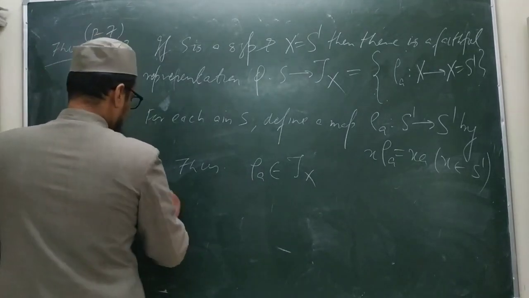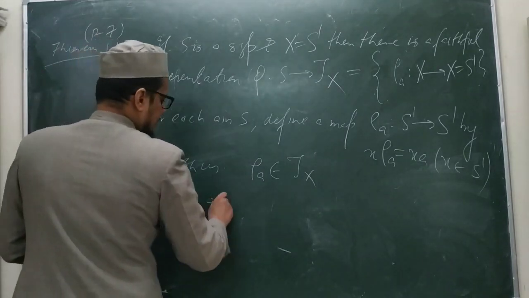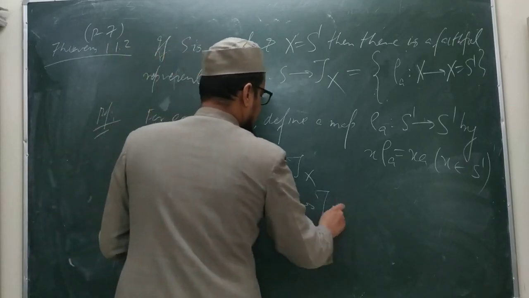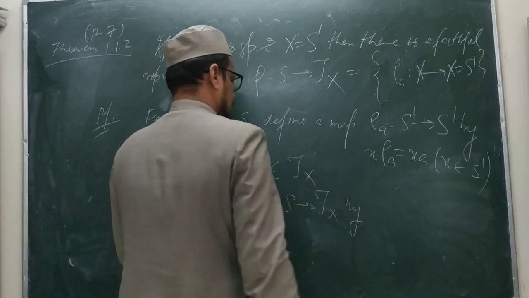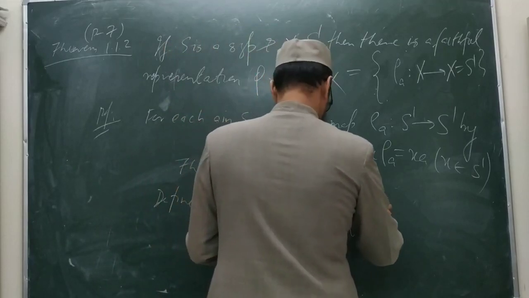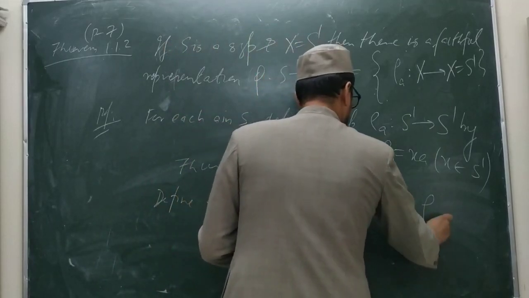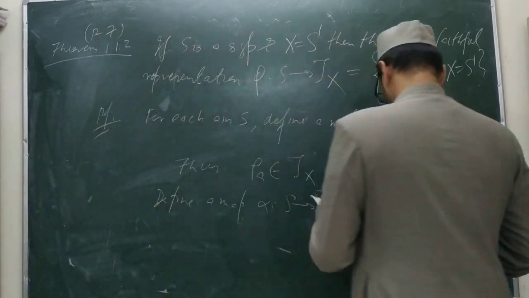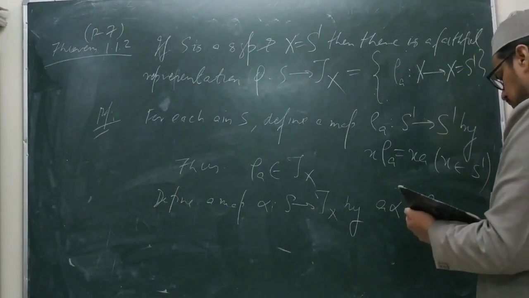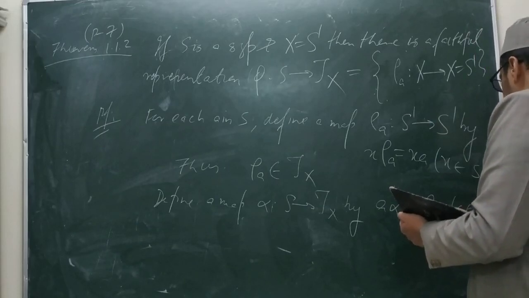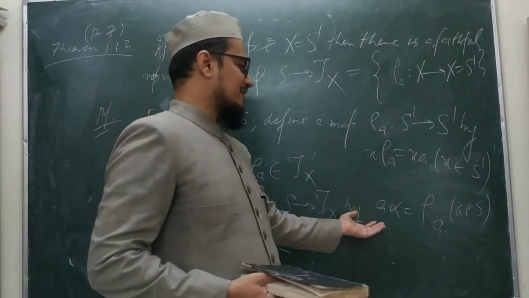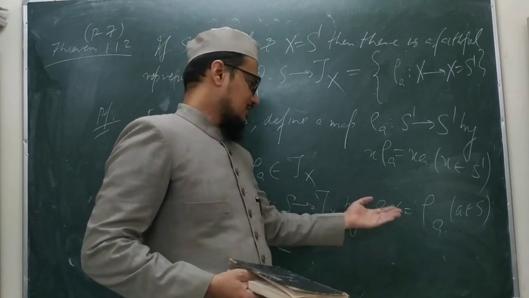So now define a map α from S to τX by Aα is equal to ρ_A, where A belongs to S. Of course, this map is well defined as ρ_A is well defined.